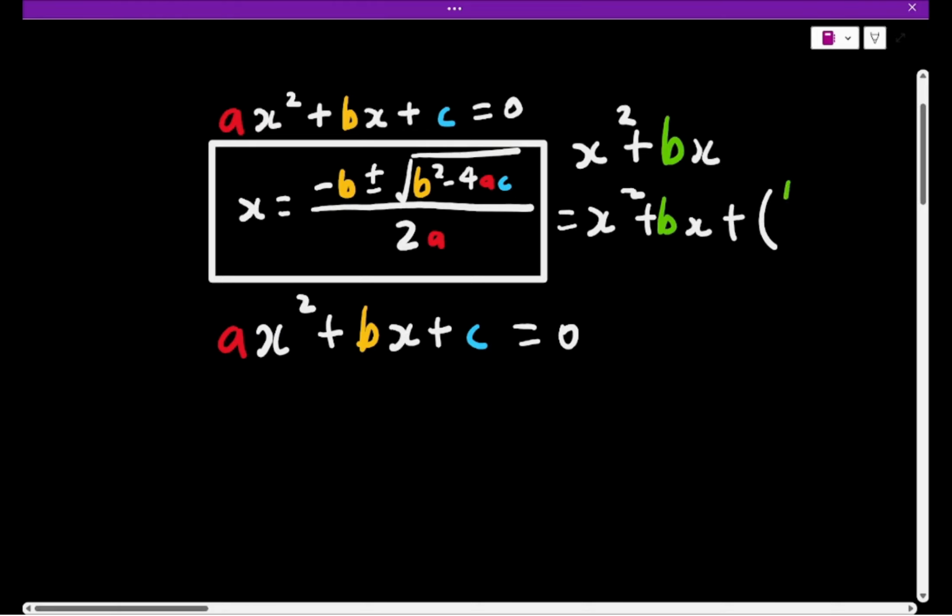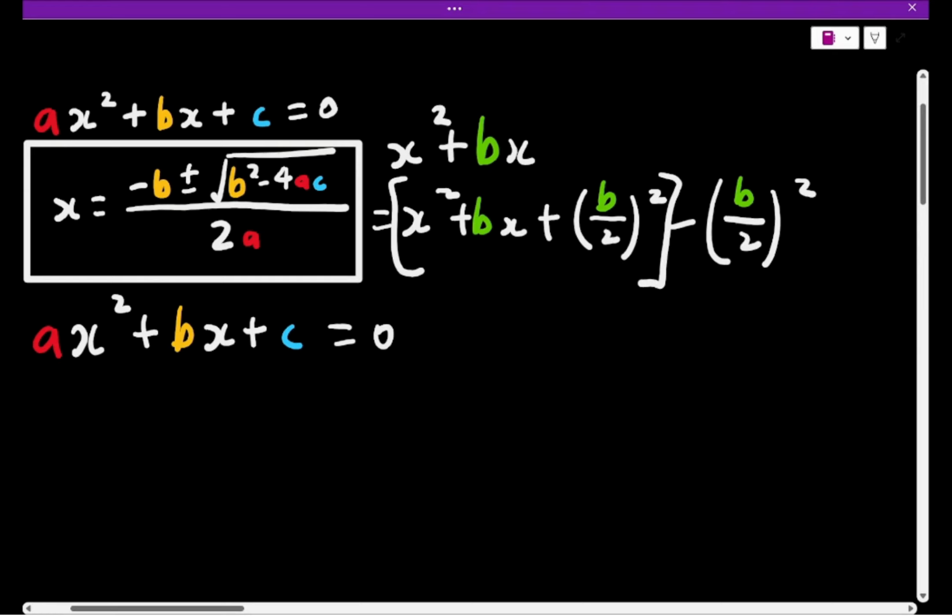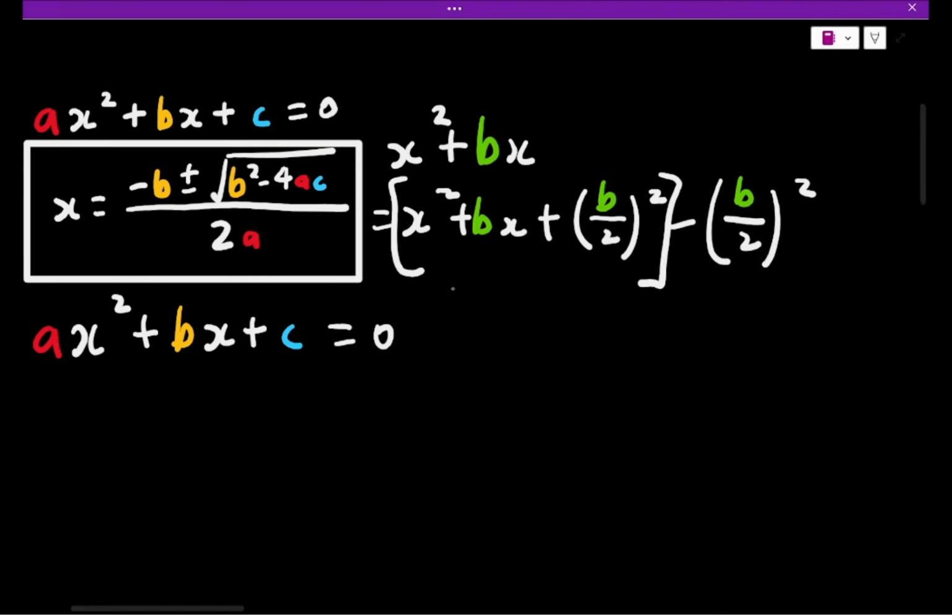To compensate, we are also going to be subtracting the same value, so b over 2 quantity squared. This expression right here is a perfect square in the form a squared plus 2ab plus b squared. So this would be equal to x plus b over 2, this quantity squared, minus b over 2 quantity squared.